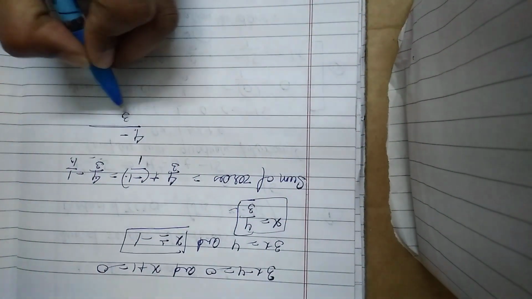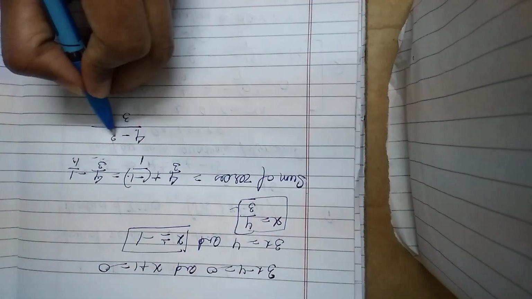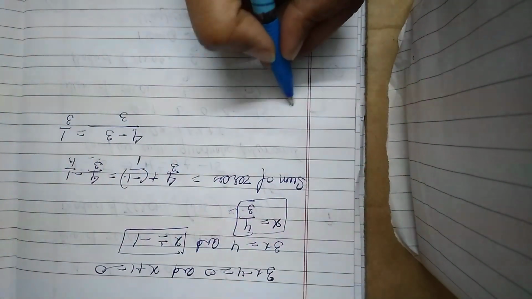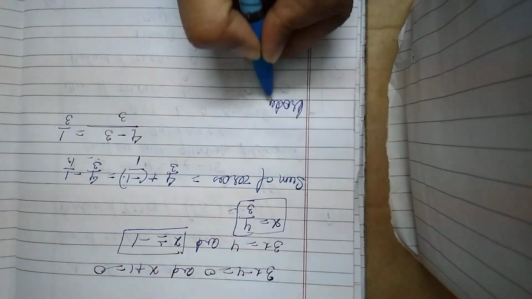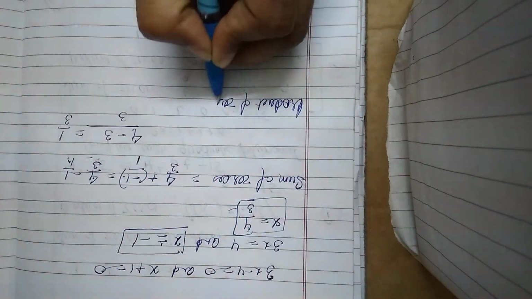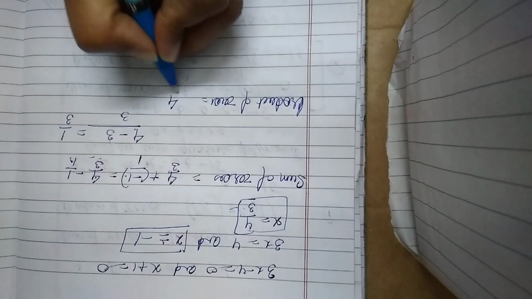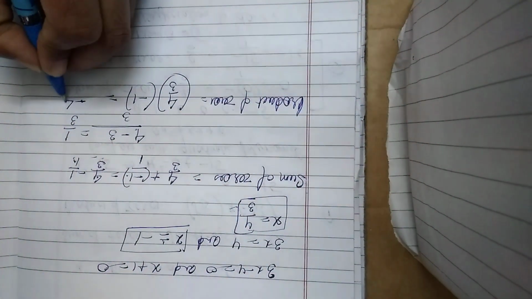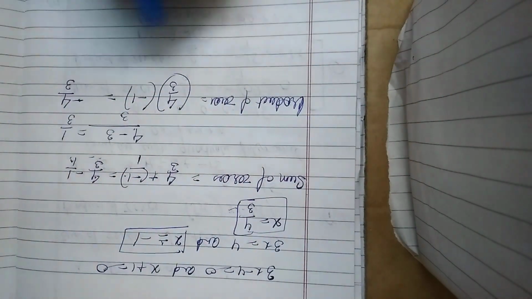Similarly, 3 divided by 1 is 3, 3 multiplied by 1 is 3. So the sum of zeros is 1 by 3. Now product of zeros: multiply these two numbers, 4 by 3 times minus 1, we get minus 4 by 3.